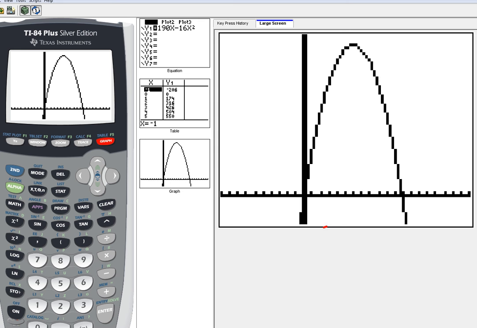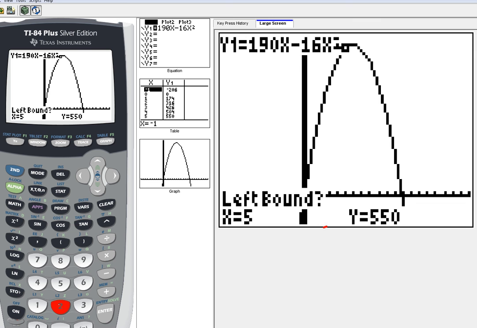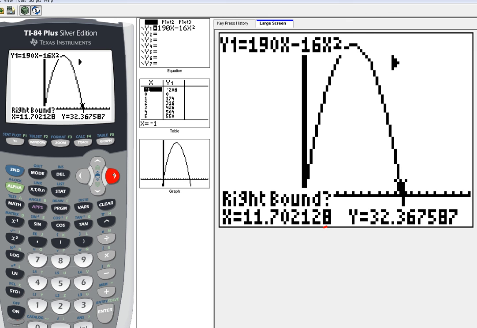So now I'm going to go second, calculate. I'm going to pick the 0. And now the left bound, I'm going to go all the way until I get almost to that point where it crosses the x-axis, but not quite. That's too close maybe. I'll go right there, hit enter. And then I'm going to actually cross the x-axis and hit enter. And then my guess, I'm going to try and put the point right on the axis.